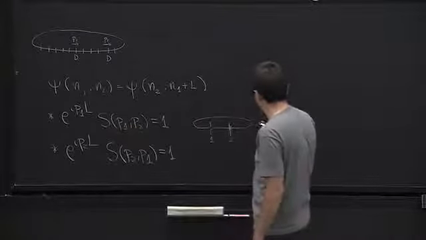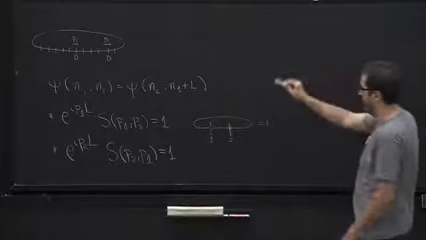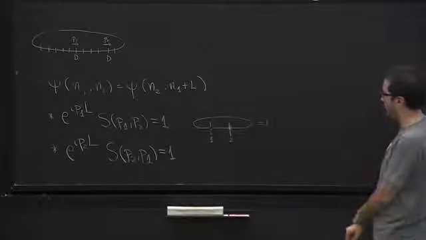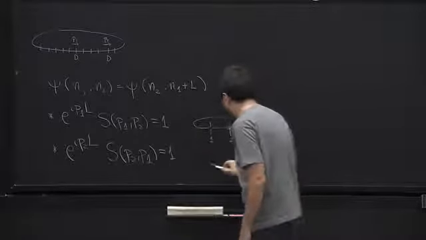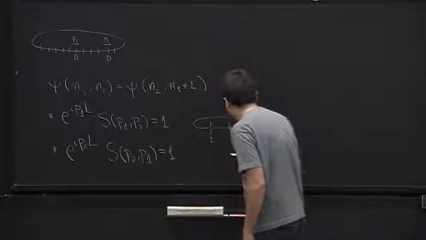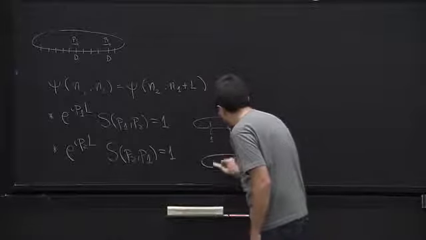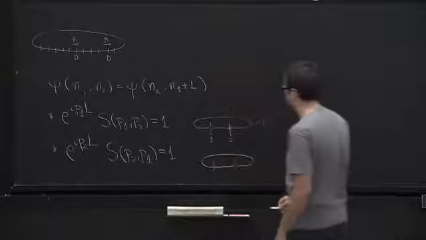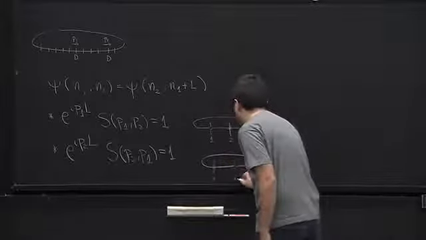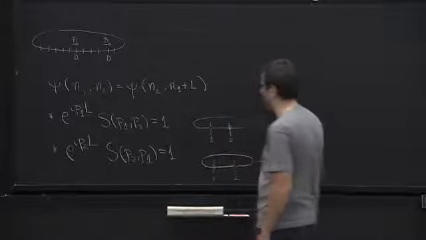And the fact that taking a particle around gives you back the same configuration translates into this equation. Similarly, for particle 2, you take particle 2 around, and as it goes around, it scatters with particle 1, and again, you should go back to the same wave function.